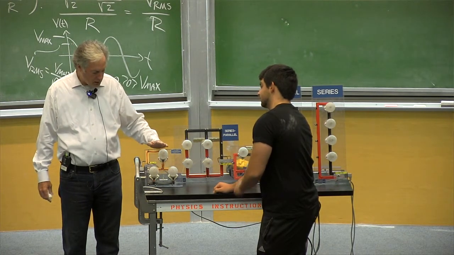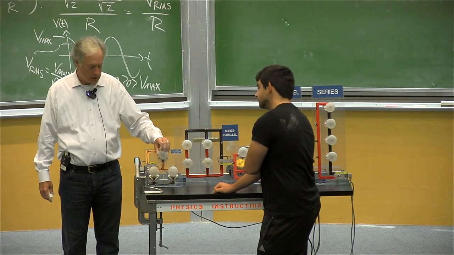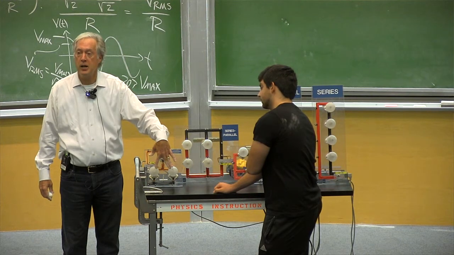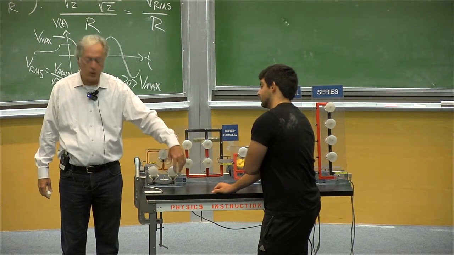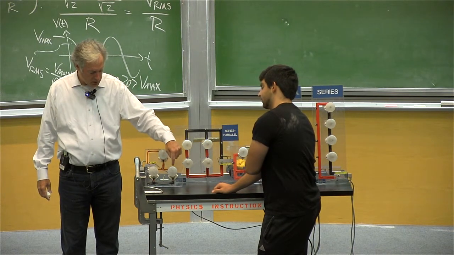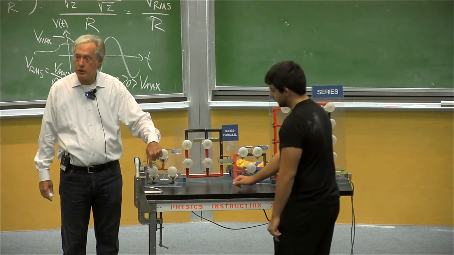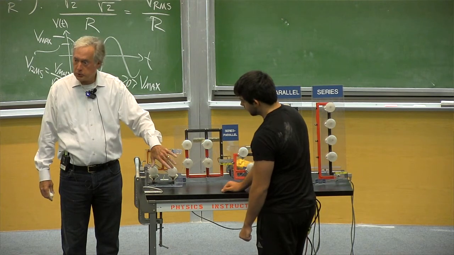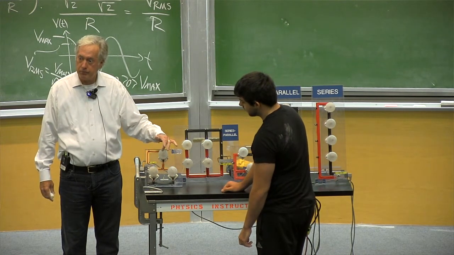So whatever current flows in the circuit, all of it will go through the top one. But the current will then split and go through the two on the bottom, providing they're both plugged in, right? So the current splits here, which means these will have half as much current each, if they're each 60 watts, half as much current, 1/4 as much power as the one on the top.